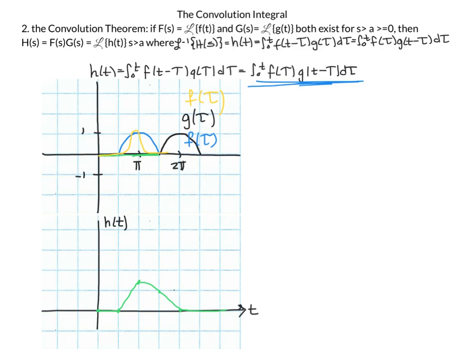And with that comment that our maximum had come when there was maximum overlap, if our f of t had been something like this, a different frequency, the area of overlap is much smaller. So, for example, when we calculate h of pi and we integrate from 0 to pi, over here, our f of t, there's not as much space where the two functions are both non-zero.